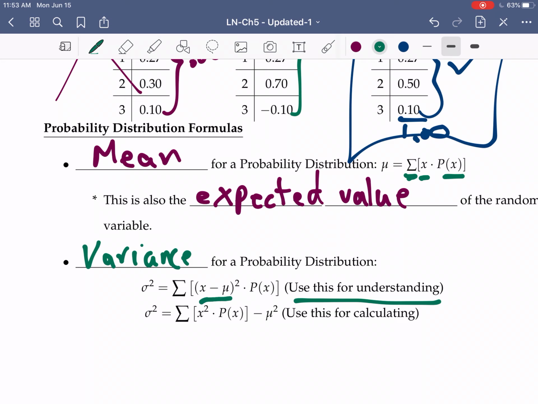We take x minus the mean squared times the associated probability and add all of that up. However, when we actually go through and calculate these, it makes sense to square the x values, multiply by the probability, add it up, and then subtract the square of the mean. That's a maybe simpler process for calculating. We will see that here in an example in a minute.